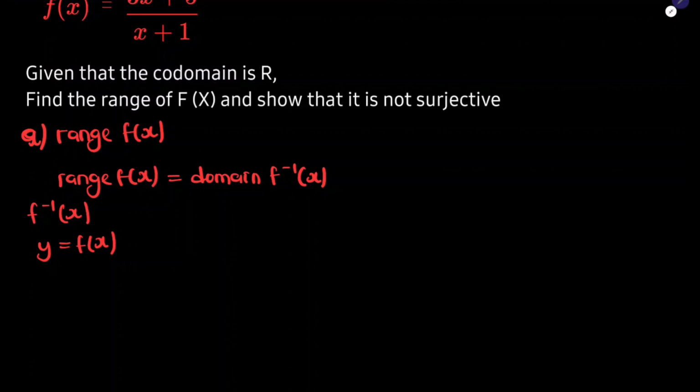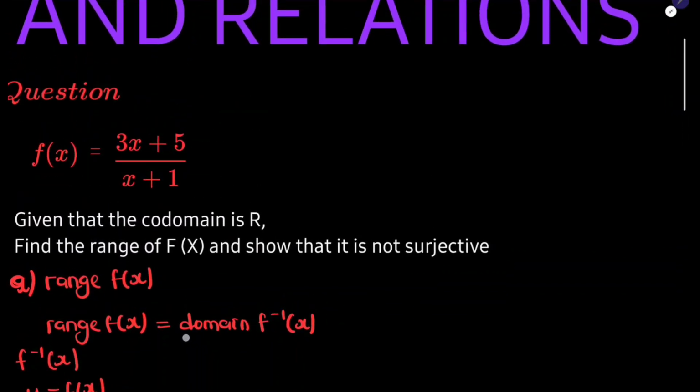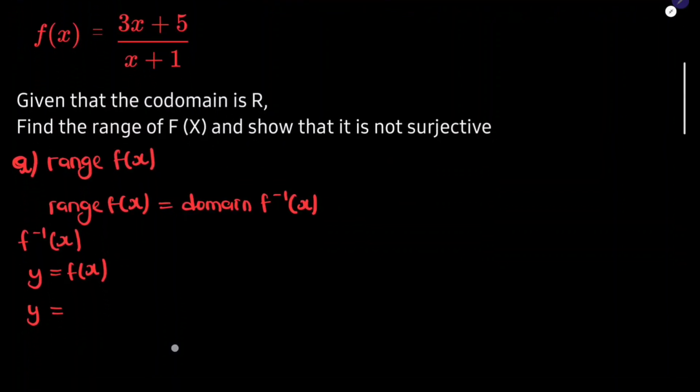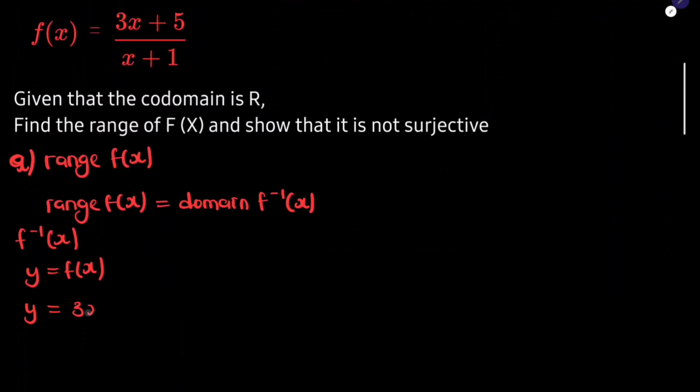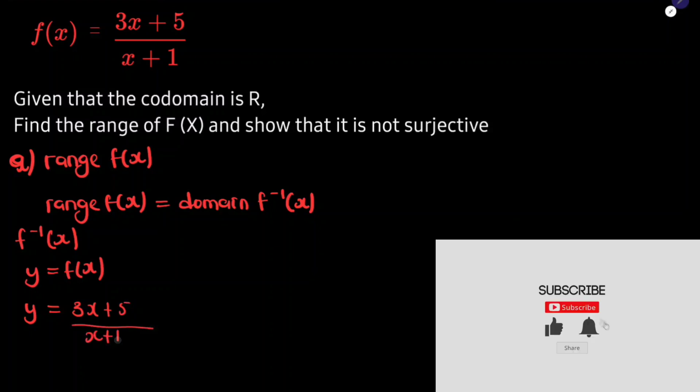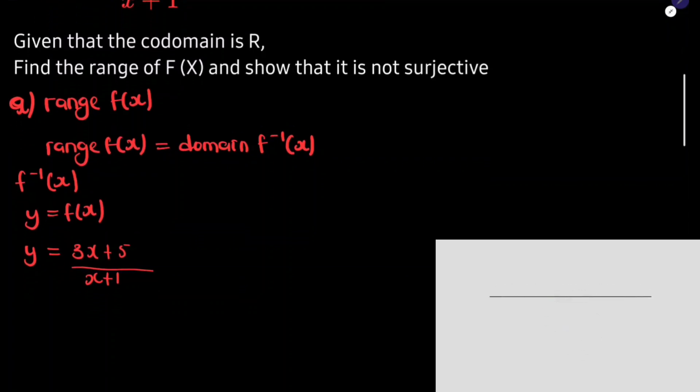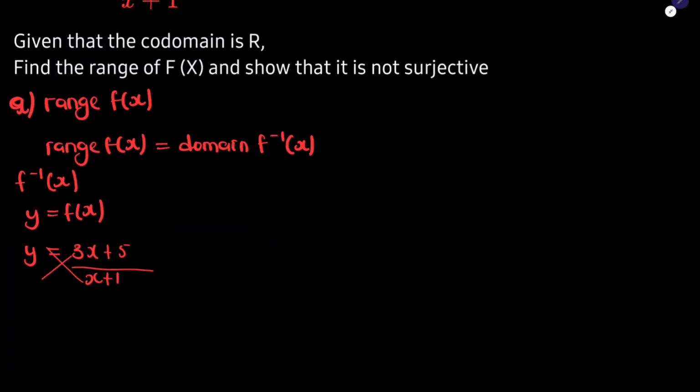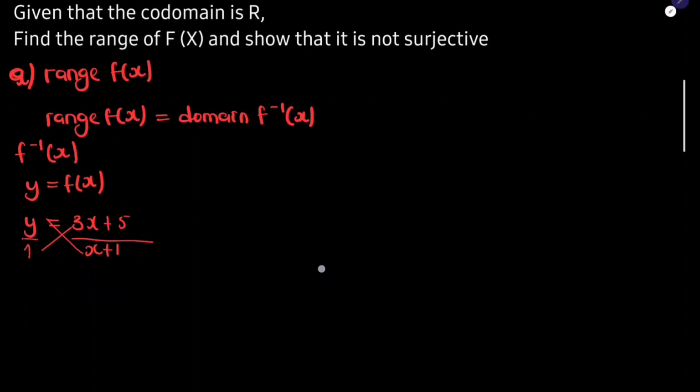Okay, let's start. So we have y equal to (3x + 5) divided by (x + 1). Okay, so from there, remember we are solving for x, so we are going to make x the subject of the formula.